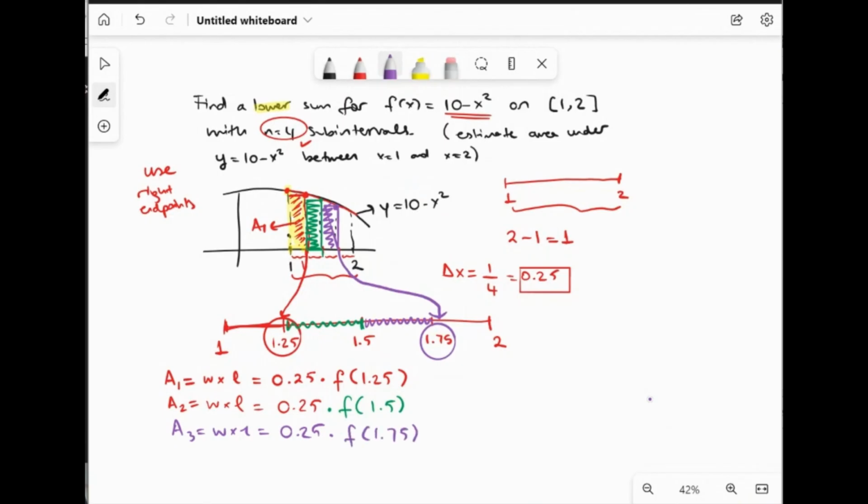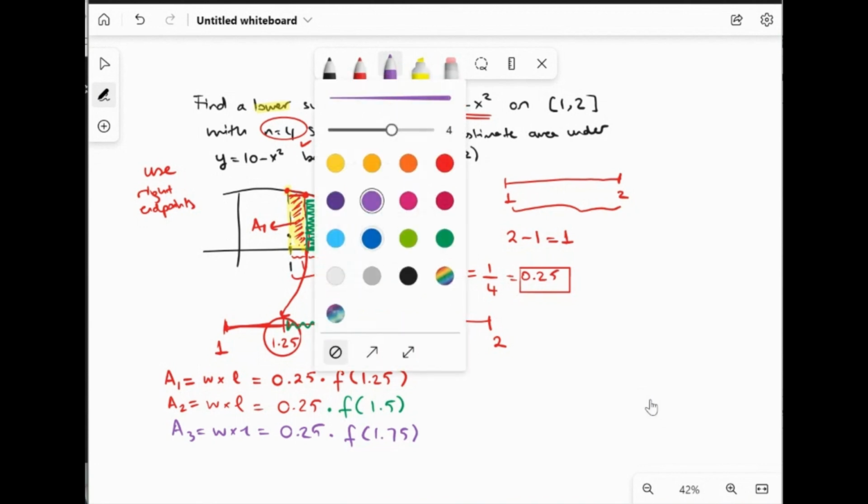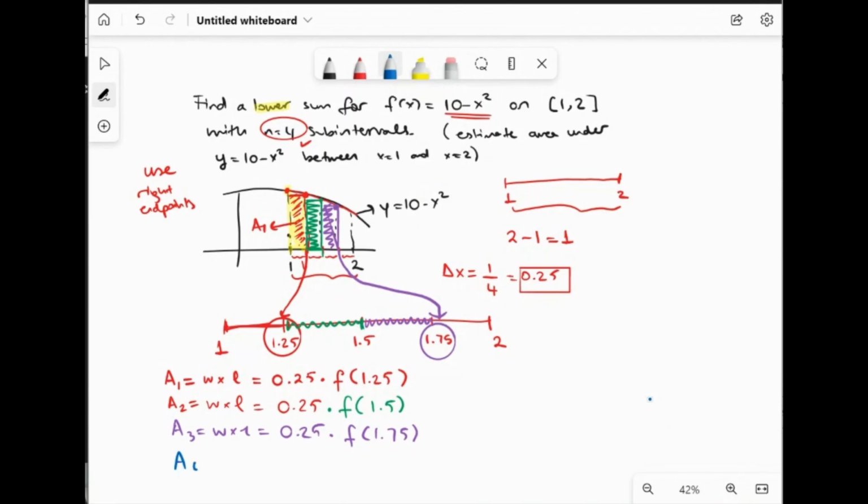So we will evaluate the function at these points, and let's write the last area. So width times length, which is 0.25, times the height of this interval, which is f of 2. So the last point.